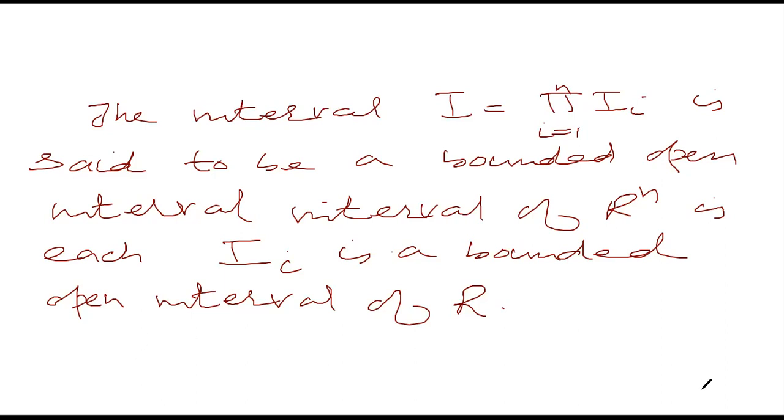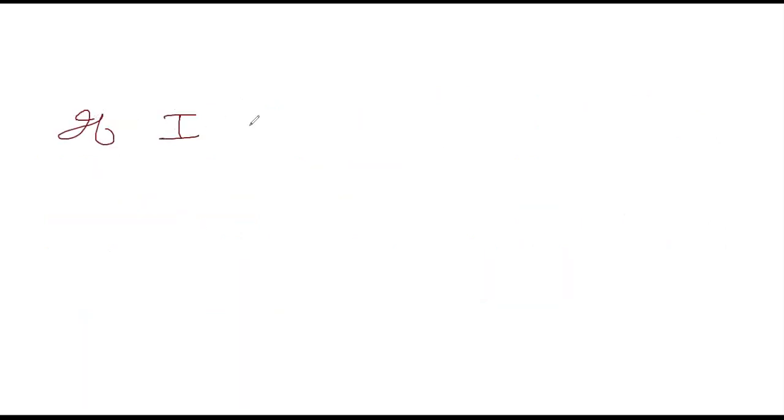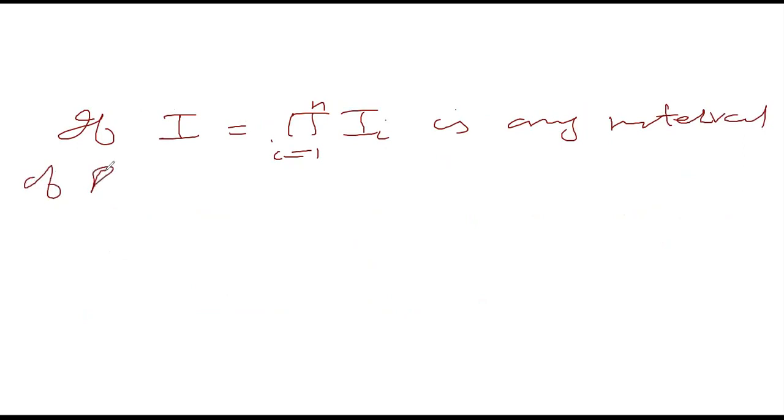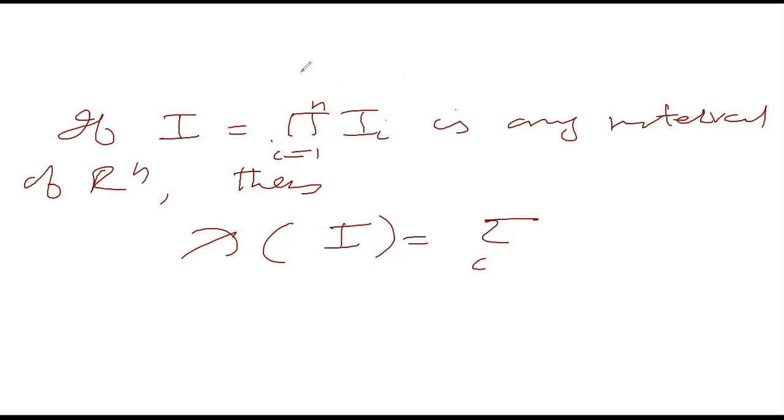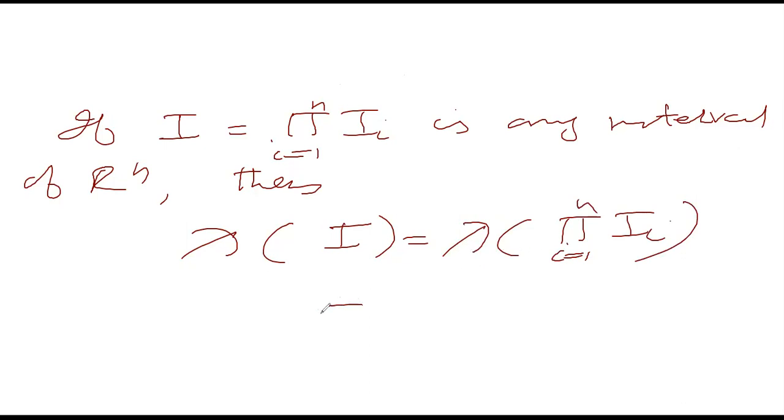If I, the product of intervals that may be semi-closed or open, is any interval of Rn, then the Lebesgue measure on Rn of I is equal to the product, i runs from 1 to n, of the lengths of the intervals.